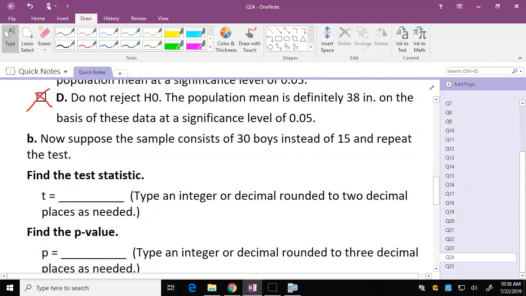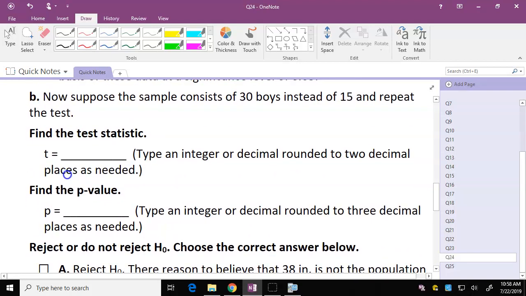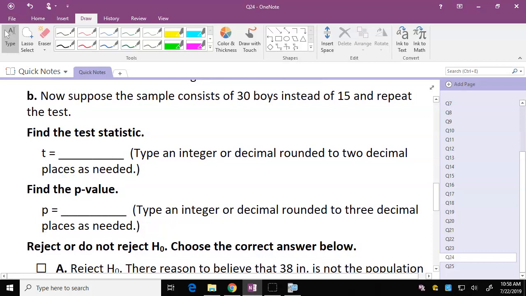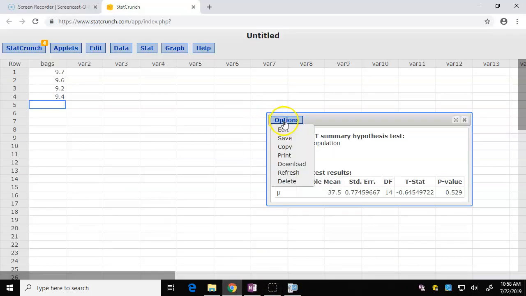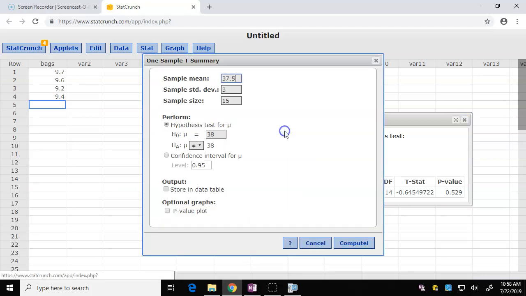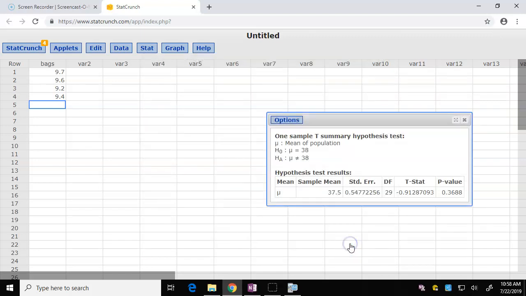Okay? All right, now, it says suppose the sample consisted of 30 boys instead of 15. Yeah, go back to our StatCrunch, right? And then we can go into options and edit. All we want to do is switch out the 15 with 30. Keep everything else the same. And now here's what we have.